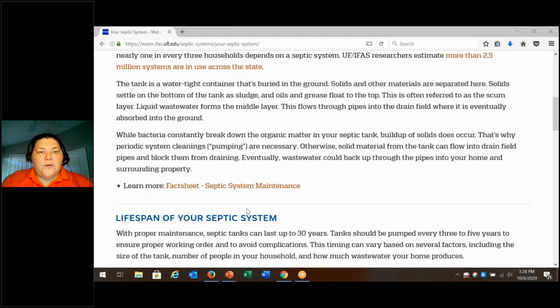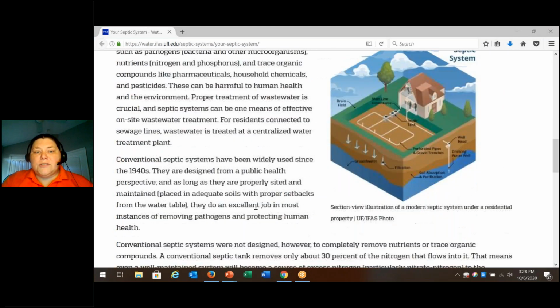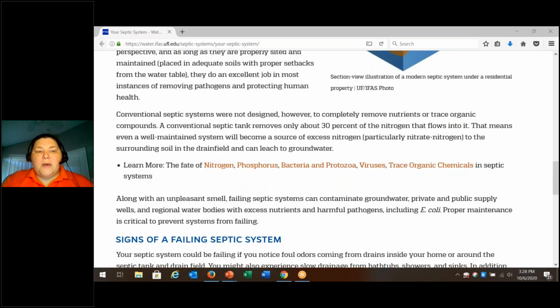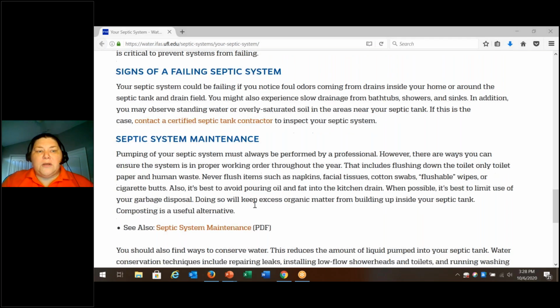Let me go back over here. So we talk about lifespan of the septic system, the overall concerns that folks might have, and then signs of a failing system, which we found is people really just don't understand how the system works and then how to determine if it's failing.